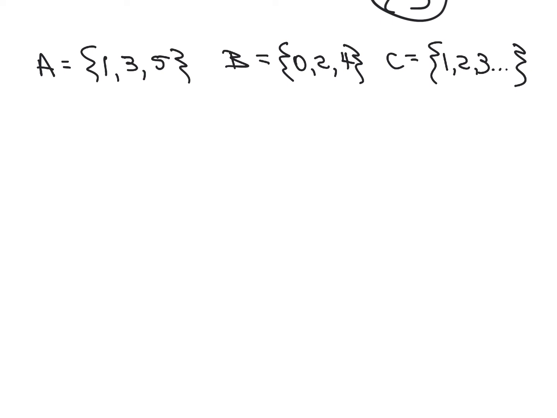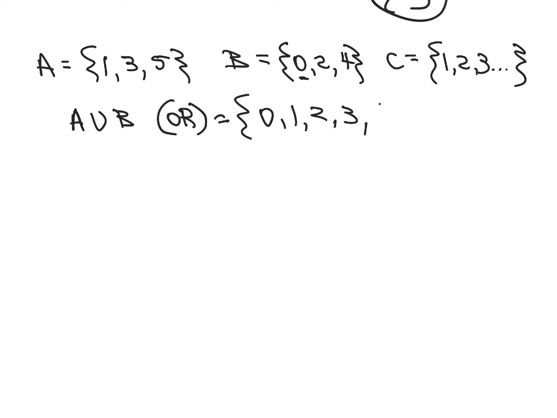So if I were asking you what A unions B is, union means or. So what numbers are in A or B? So A unions B would be the set 0 from here, 1, 2, 3, 4, 5.